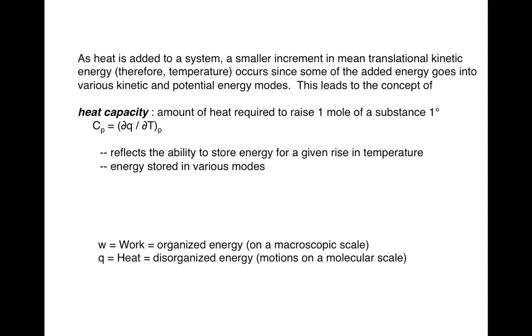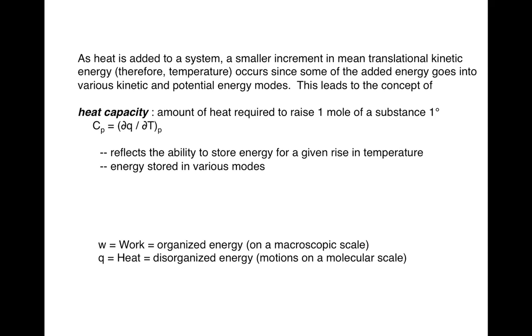So only the energy that goes into changing the translational kinetic energy and the collisions leads to heat. The rest of it gets absorbed into these other kinetic energy modes and potential energy modes. And that gives this concept of heat capacity, which is the amount of heat. Formally, it's defined as the amount of heat required to raise 1 mole of a substance 1 degree Kelvin.